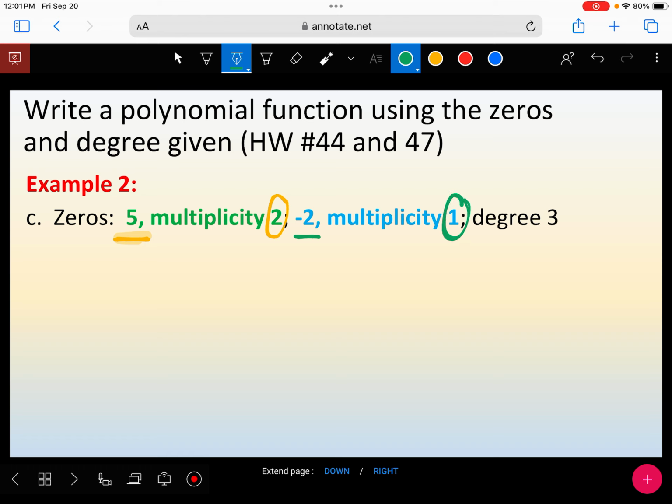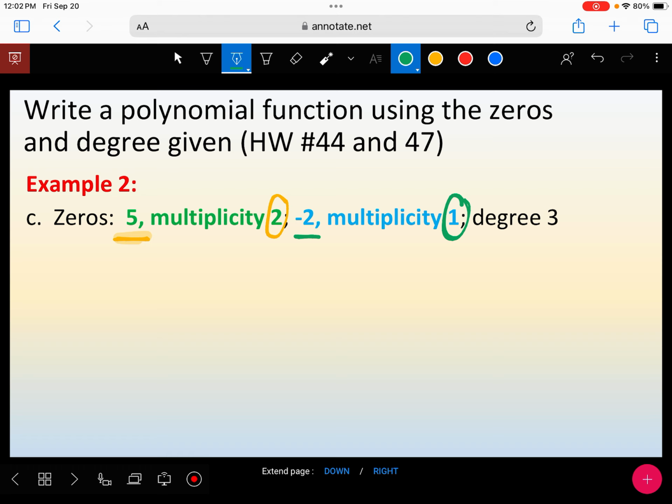So the degree is telling you what your multiplicity is.